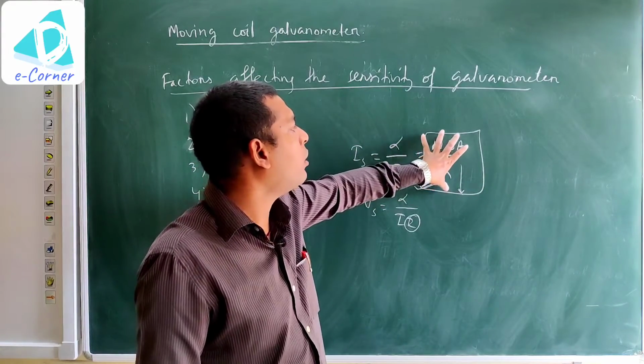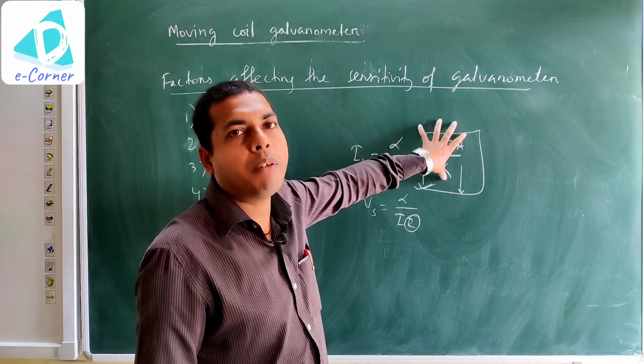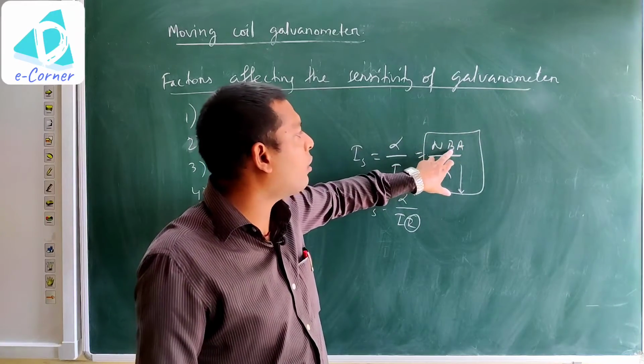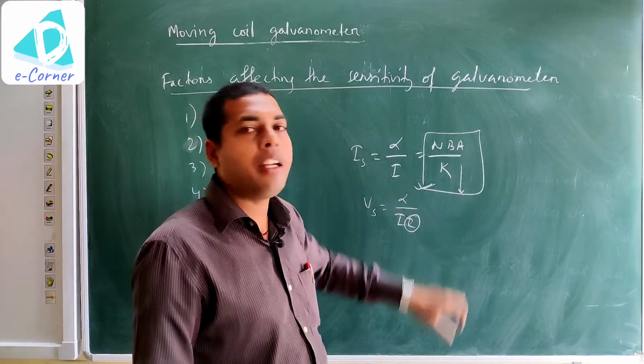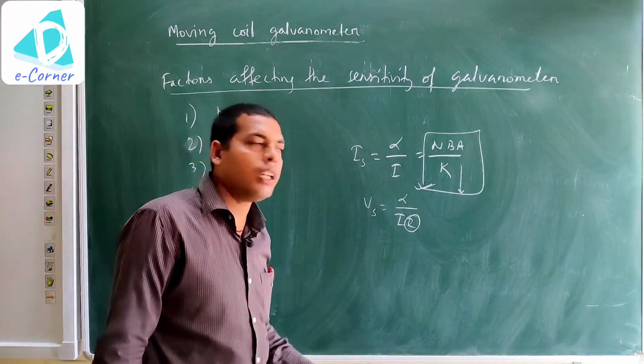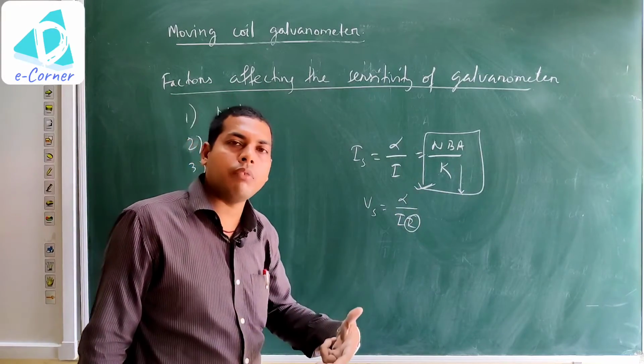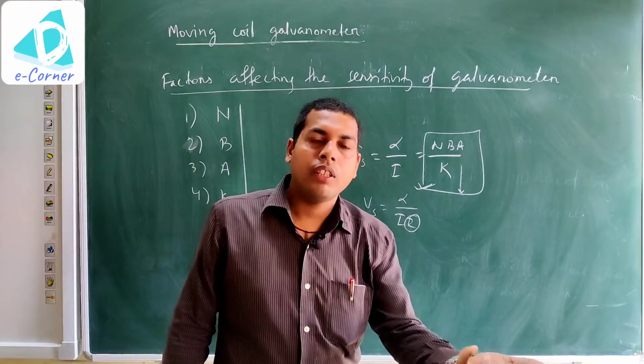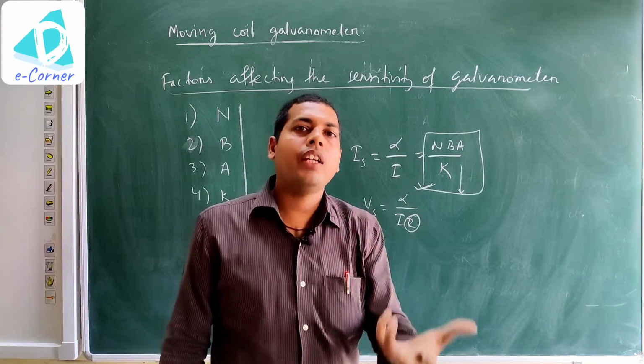Got it? According to that they will decide the values of the parameters: number of turns, magnetic field, area and torsional constant. And the disadvantage is also the same thing: after manufacturing we cannot modify it very easily.